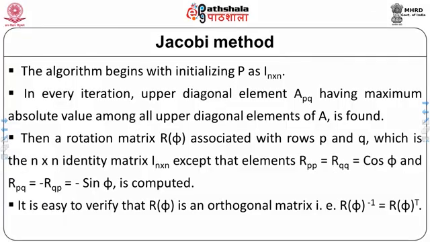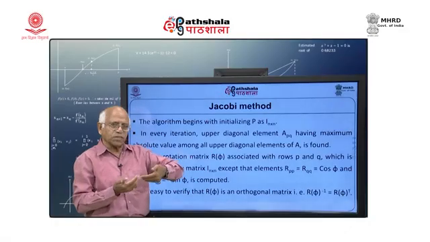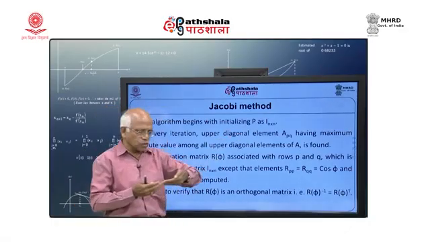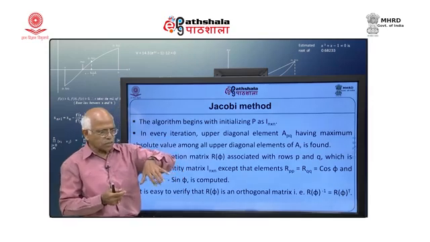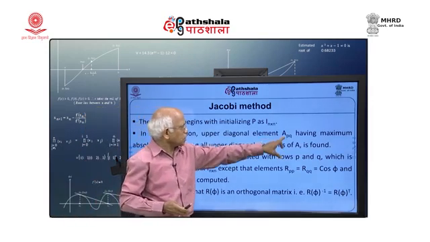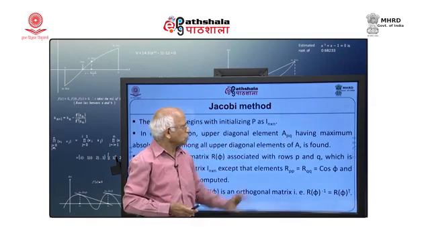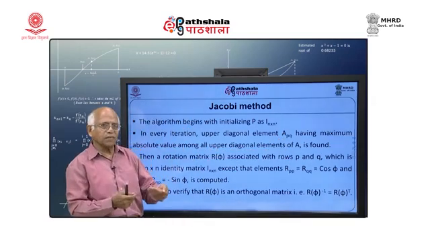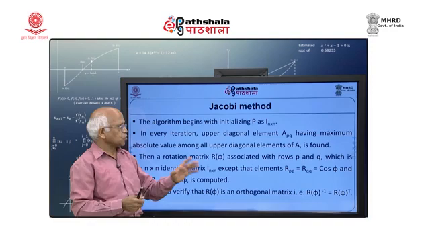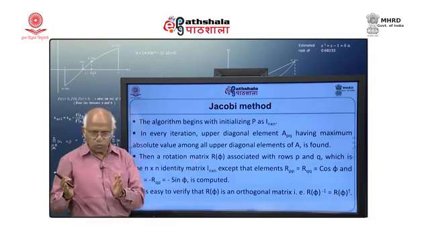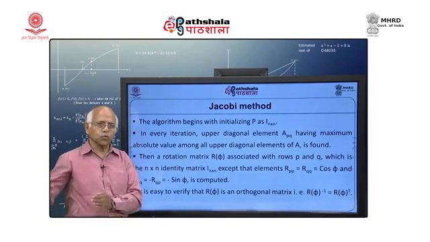The algorithm begins with initializing P as the identity matrix n cross n, and then I am going to make the upper diagonal elements, because A is symmetric, zero. If I take any A_PQ, which is a non diagonal element, I will be trying to make it 0, so that P inverse A P will approach a diagonal matrix.